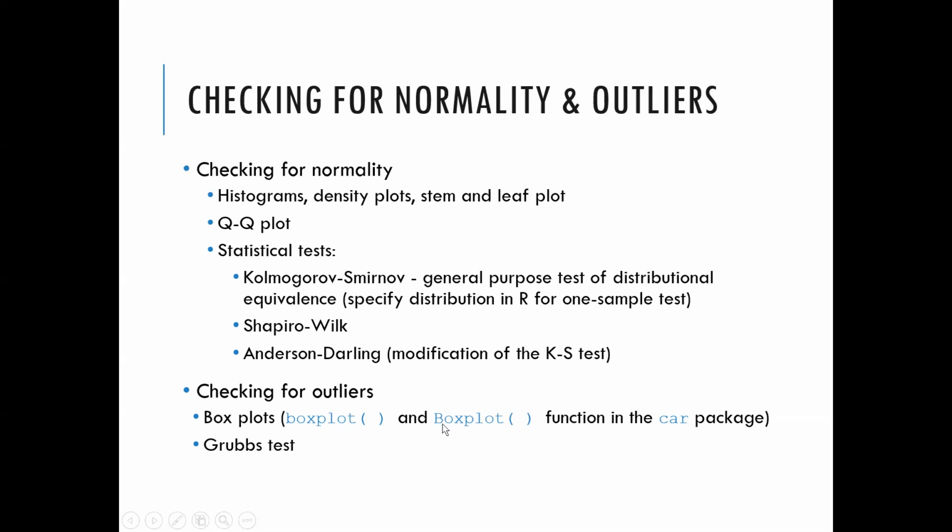The nice thing with this second boxplot function is that it does label outlier points. Whereas the first one will show outliers as circles, but it won't actually identify which observations those correspond to. So this second capital B Boxplot function might be a little bit more useful in that case.